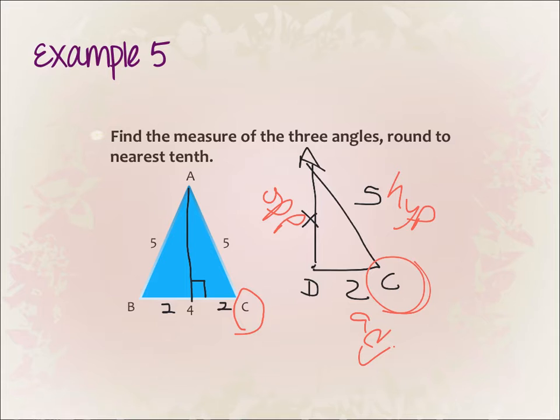So in relation to C, we're going to look for C first. What trig function is going to use some of these numbers that I have? 2 and 5. Which one uses adjacent and hypotenuse? Cosine. So I'm going to do cosine inverse because I'm looking for angle C. And then in my calculator, I'm going to do 2 divided by 5.